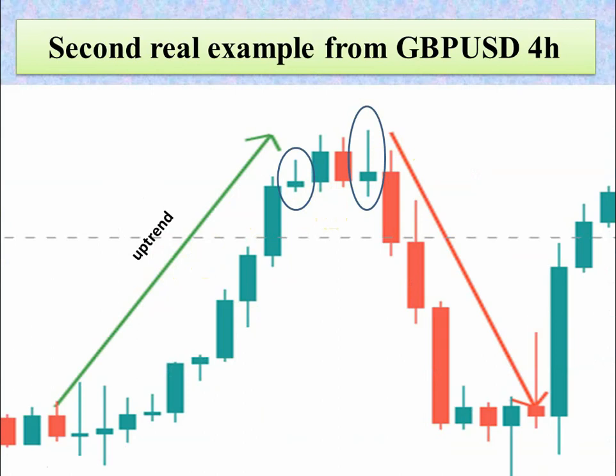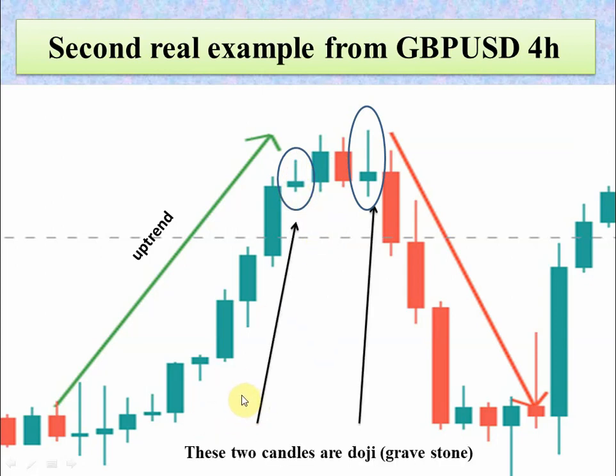The most important thing, as I said in the previous sections, is only this shadow, this part 1 shadow or wick. It should be longer than this part 2 shadow. These two candles are doji and gravestone, and after that the market reacted and took a downtrend shape.